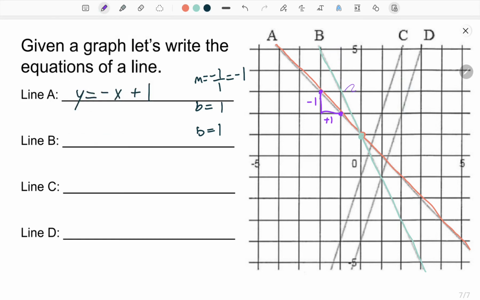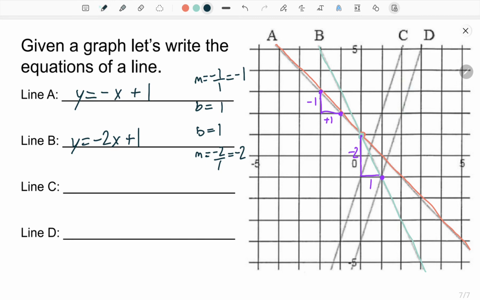We'll start at our y-intercept, so we can use that as a point on our grid, and we can see it crosses down here as well. So to get there, we can go down 2, and across 1. In terms of a slope, that would be -2 over 1, which is the same as just -2. So we can write this as -2x plus 1.